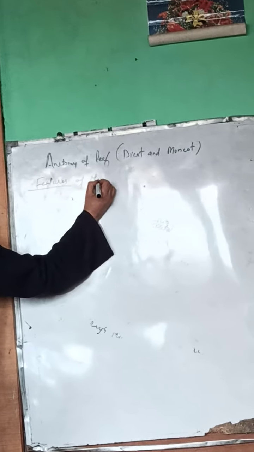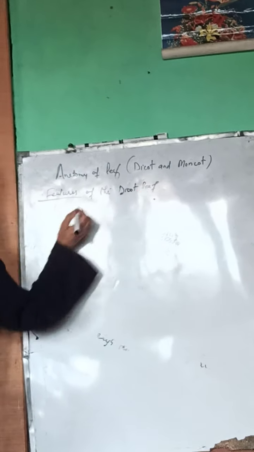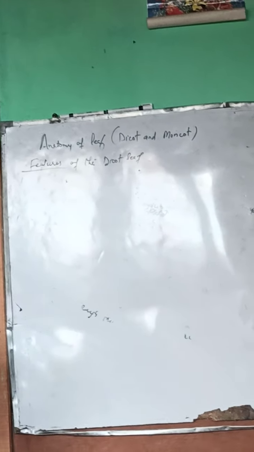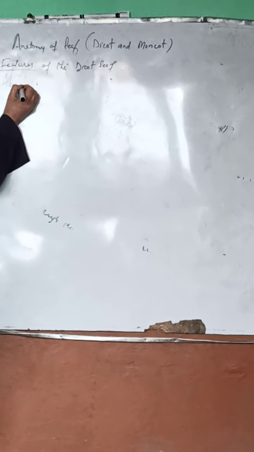There are features of the dicot leaf. At number 1, we can say the abaxial surface has more number of stomata, as I have told you.